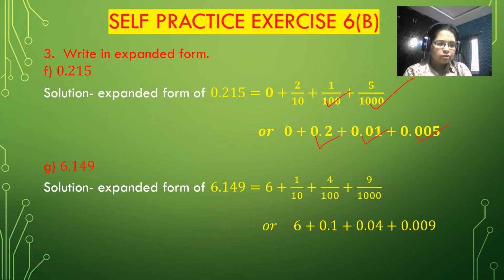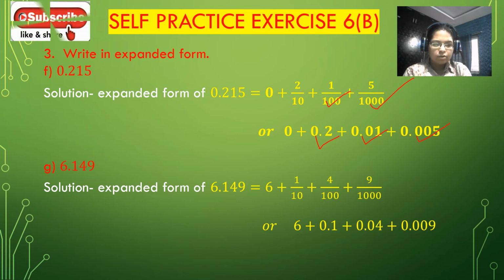G, 6.149. The expanded form of 6.149 is 6 plus 1 divided by 10 plus 4 divided by 100 plus 9 divided by 1000.